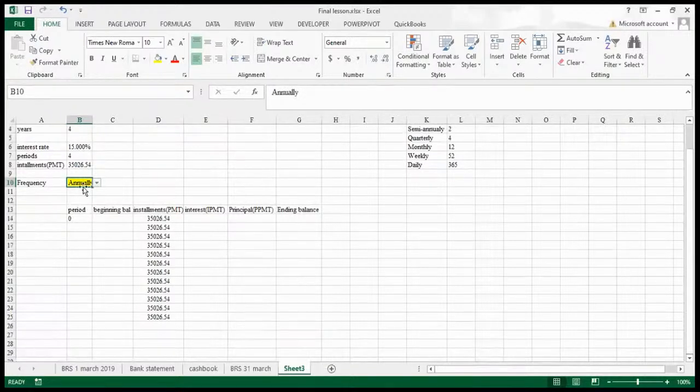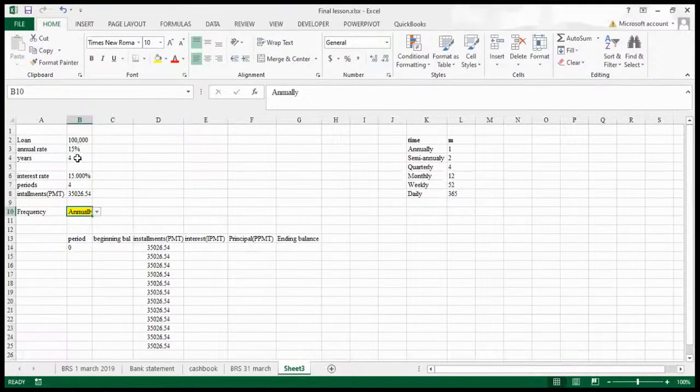Let's use annually, have 4 years, and let's use 12. So let's have 12% per annum, years to be 4, and then you come down here to do it annually. We've automated all this. Unless there's a question, let me proceed.